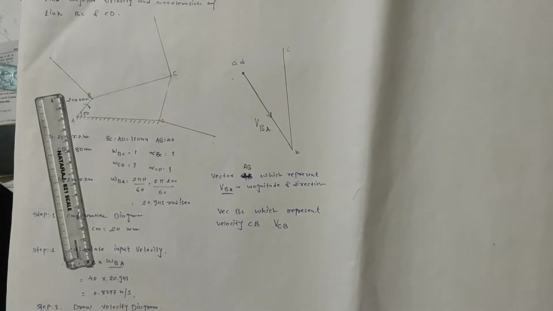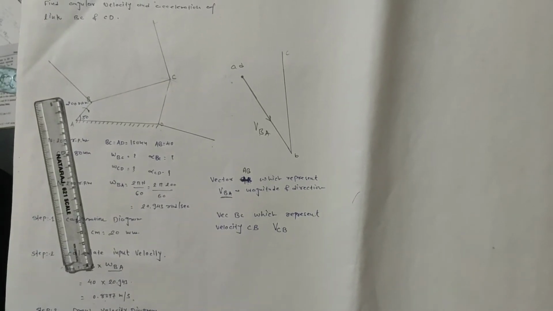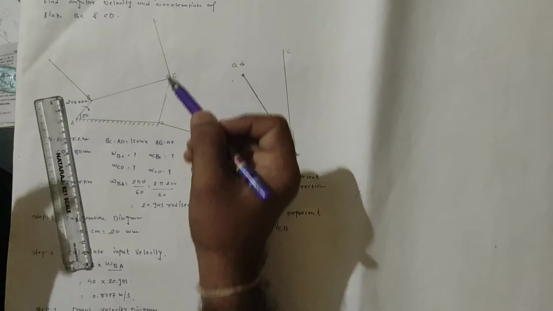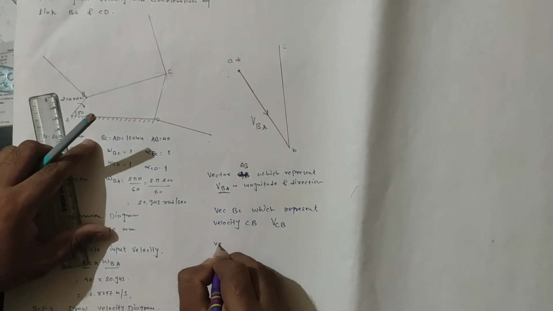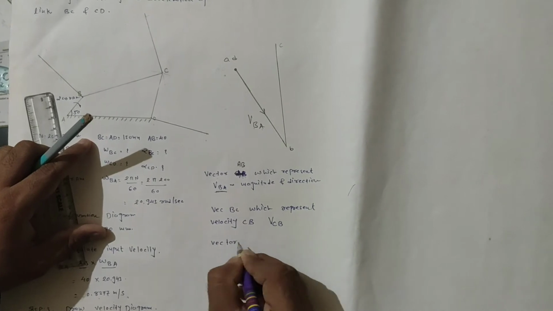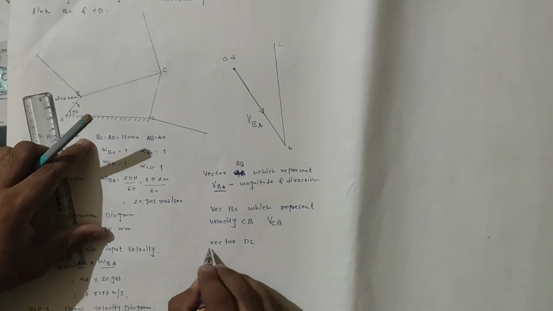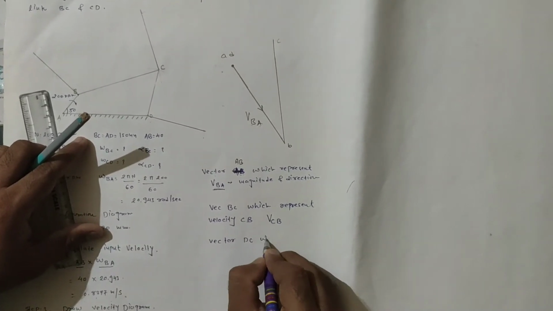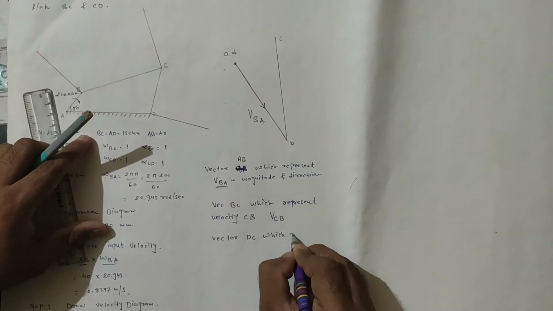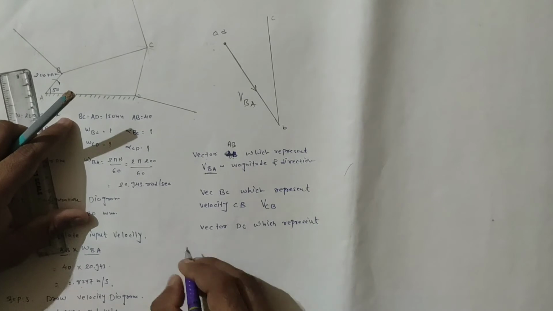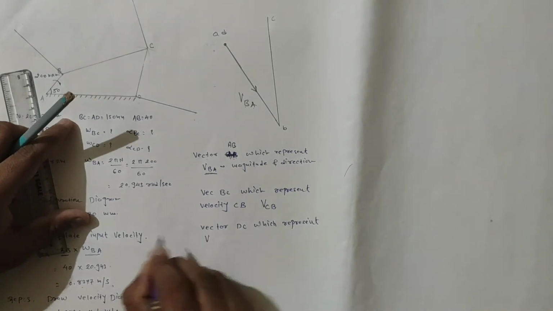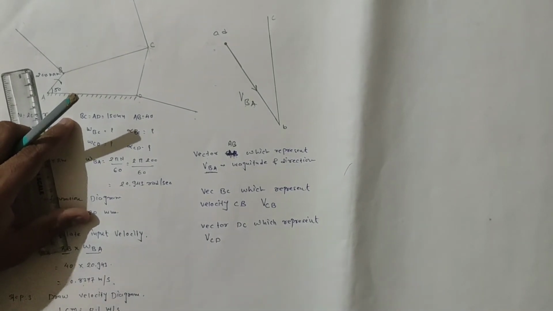Now, another point, to represent the vector DC, to draw vector DC, which represents the velocity of CD. Clear?